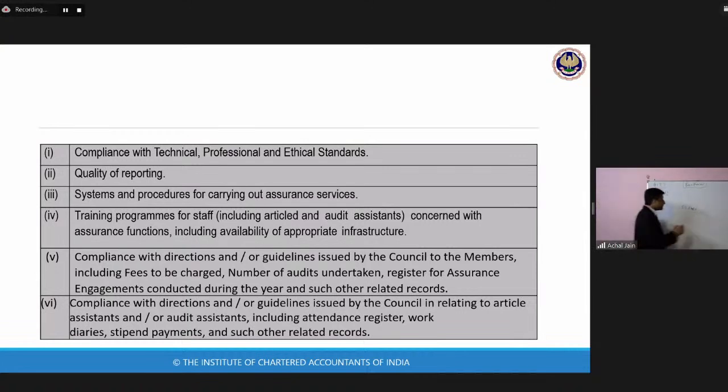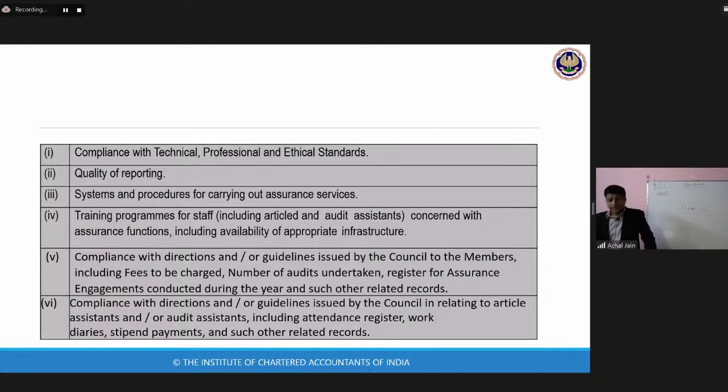It has taken a loan of 51 crore. Now, if this audit is conducted, then the firm which is conducting the audit of this company will become level 1 practice unit.